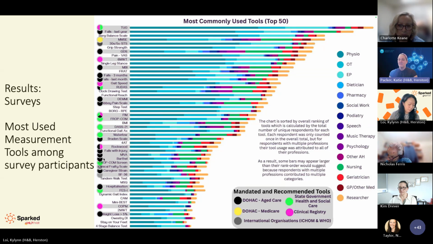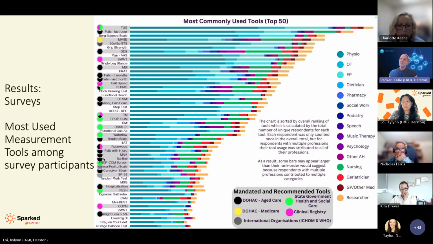And there was also a really long tail of tools that were only used by a couple of participants. You can see on this slide the different colours represent the different professions. So we had a whole range of different professions, and most of these top 50 tools are multidisciplinary, so not used by a single profession, but used across professions to help communicate. And down the left side, it shows the ones in grey, which are the mandated tools.